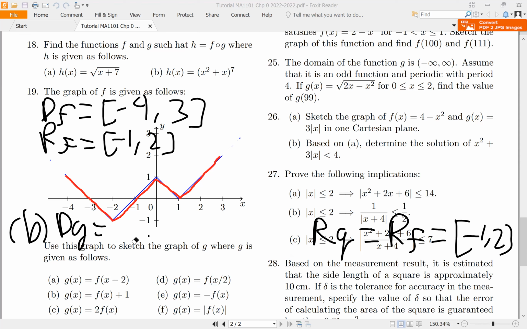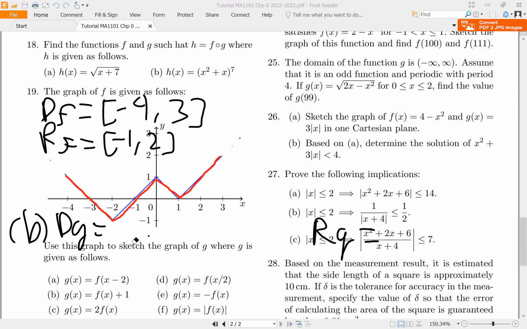So you'll see that geometrically, the graph of g is obtained by translating the graph of f 1 unit above. So there is no change in the horizontal direction.